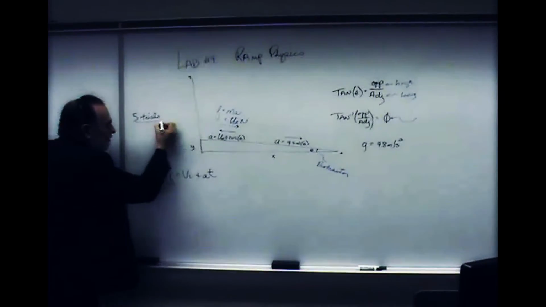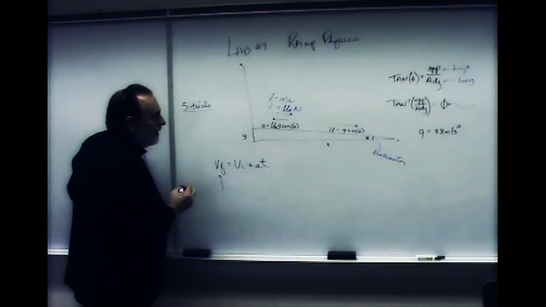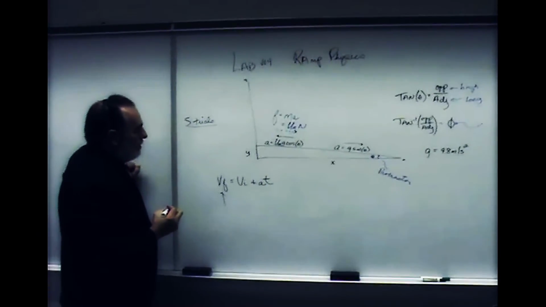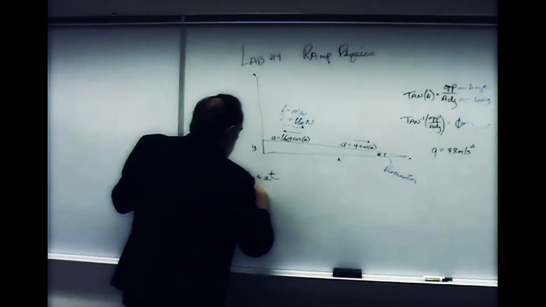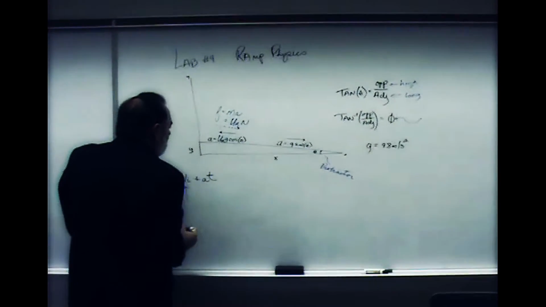If I do 5 trials, I know my velocity final. I can calculate my velocity final going down the ramp if I knew the acceleration in the time.